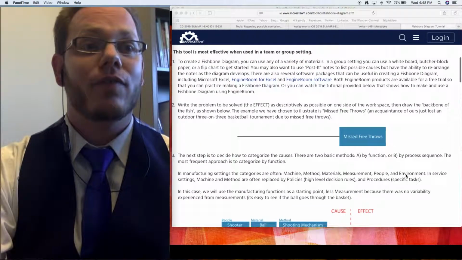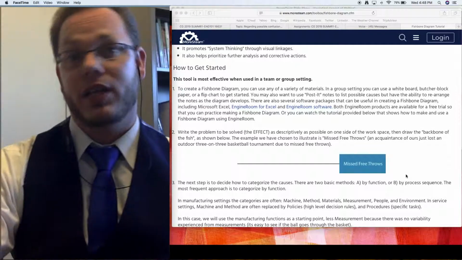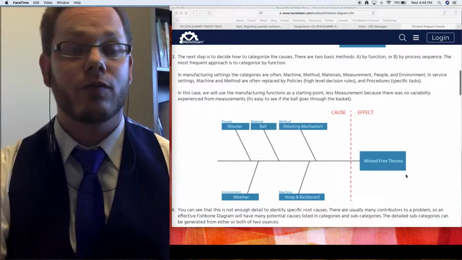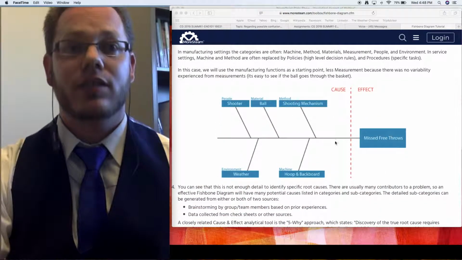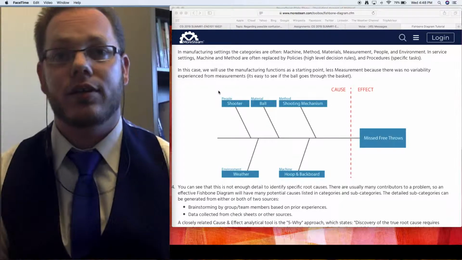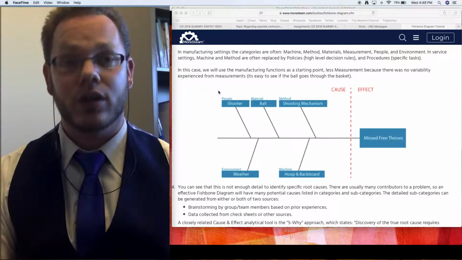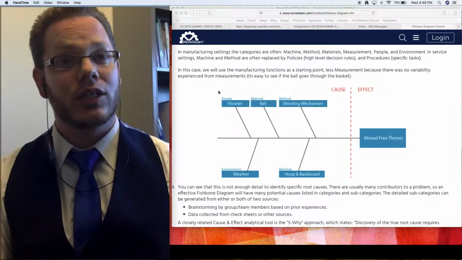So if someone says, hey, how do we map out the systems involved in why we're missing our free throws? So this seems pretty straightforward. Okay, we've got people. The people involved in the missed free throw are primarily just the shooter as far as form goes, things you can affect.